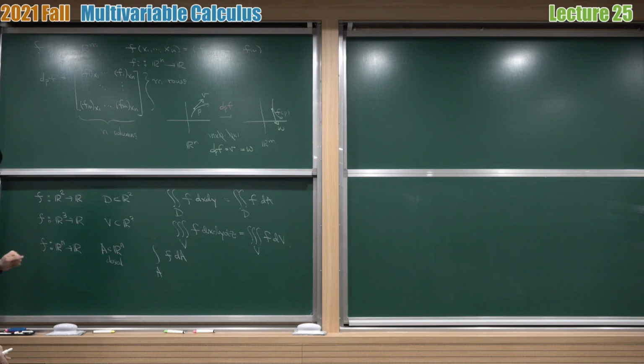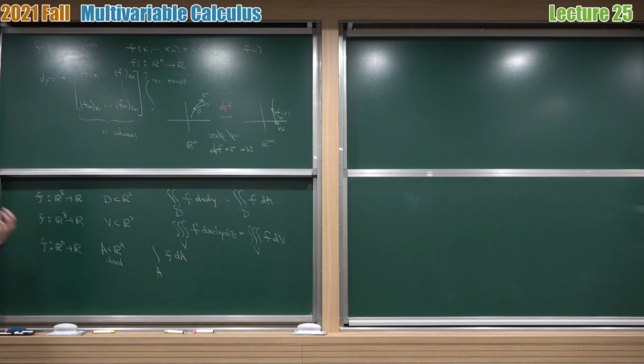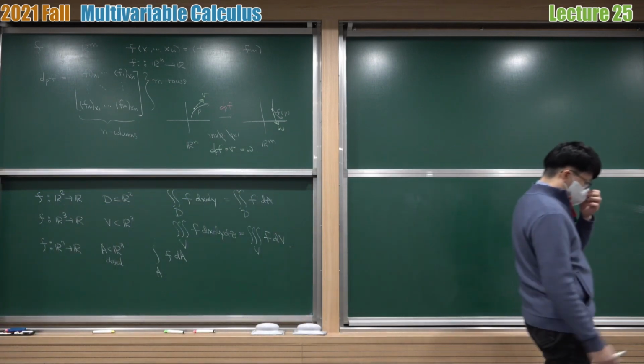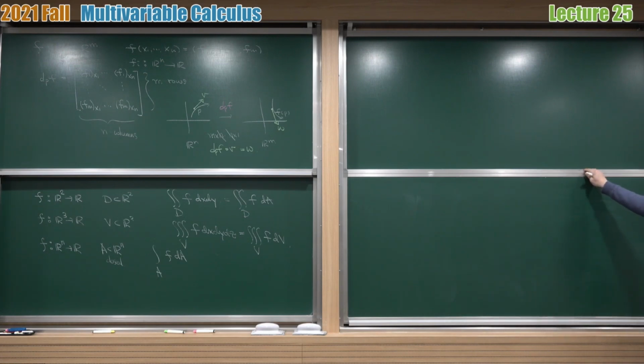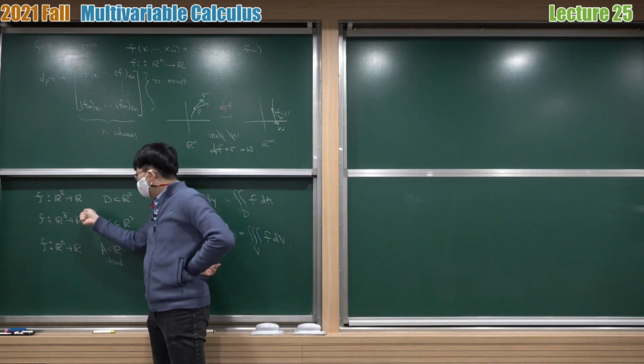Once n is bigger than 3, there's no physical meaning as you cannot look at the shape of A, but in physics, or if you make your problem abstract, then integration of this kind of function might have meaning. Okay. So that's the integration for scalar functions, which means that all these functions have values of real numbers.